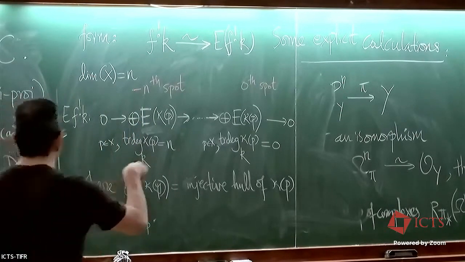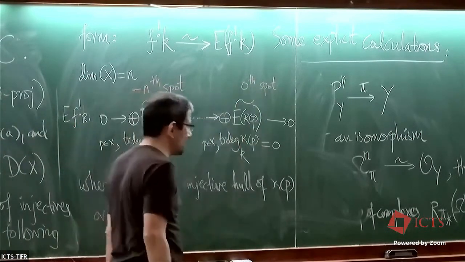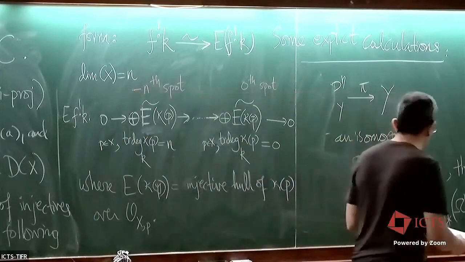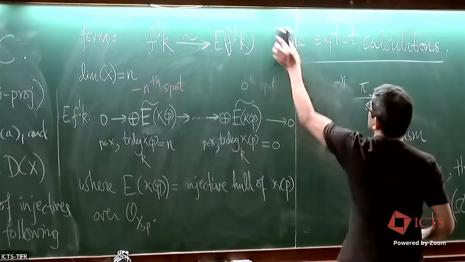Of course, you also have to put a tilde, maybe. We will look at the quasi-coherent sheaf generated by them. Those will be like skyscraper sheaves based on different points. And you can say where this is coming from.